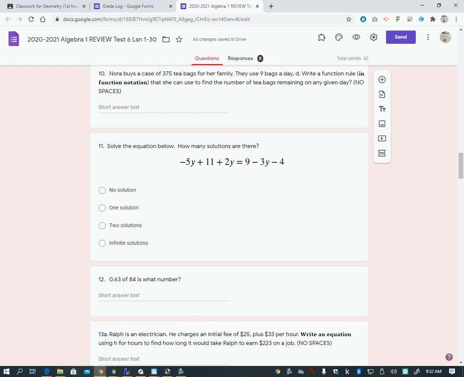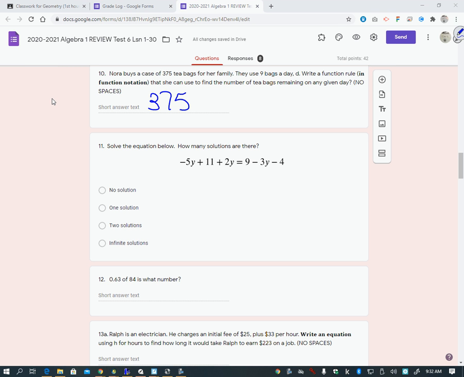Nor buys a case of 375 tea bags. They use 9 a day. Write a function, in function notation, she can use to find the number of tea bags remaining on any given day. No spaces. All right. So we're using D for day, right? How many tea bags are we starting with? So we got 375. Are we going up or down every day?